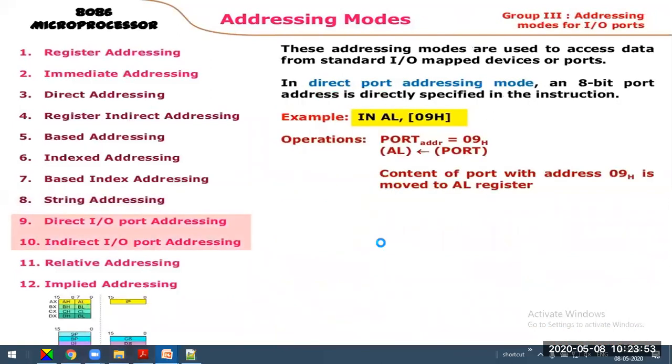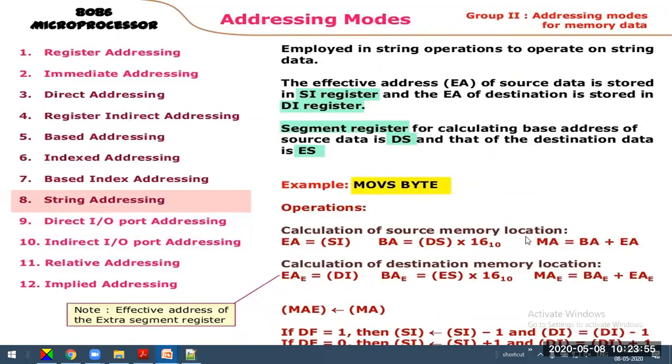So, calculation of the source memory location: the effective address is the source index, and the base address is from the data segment register. The physical address of the source string is the base, given by the data segment register appended with 0, plus the effective address, which is the source index register.